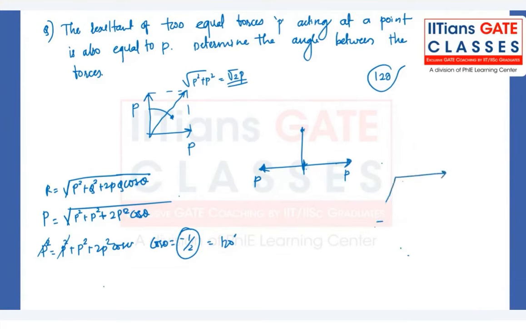So look at this. This is the x-axis, this is the y-axis, and if this angle is 240, you can expect still the same resultant in this case as well.